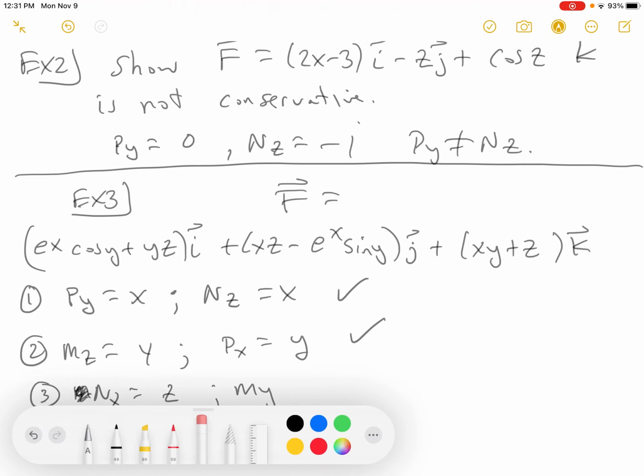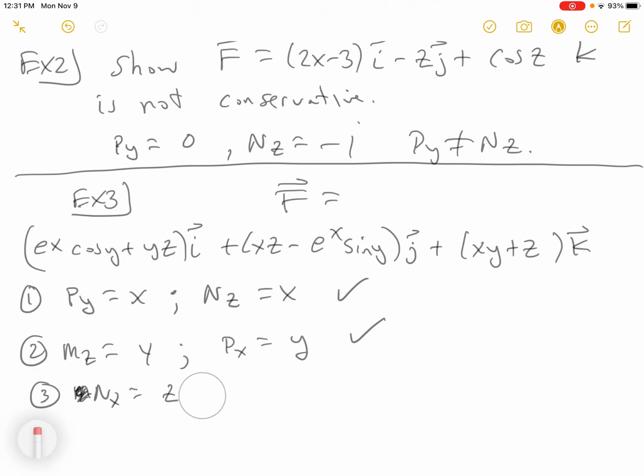Sorry, I had a brain moment there. Let me do this again. Nx, I'm looking at two examples at once. Okay. Nx is z minus e to the x sine y. Okay.